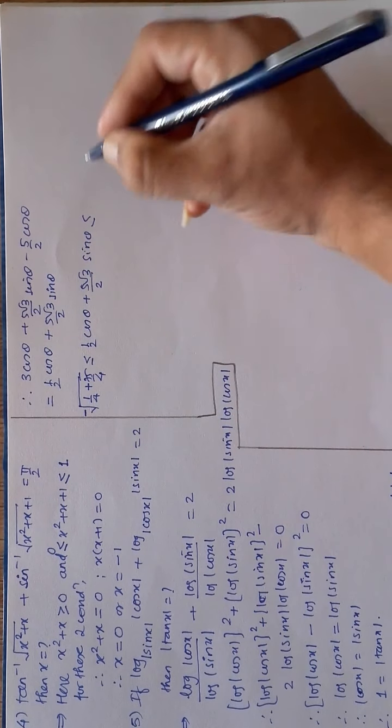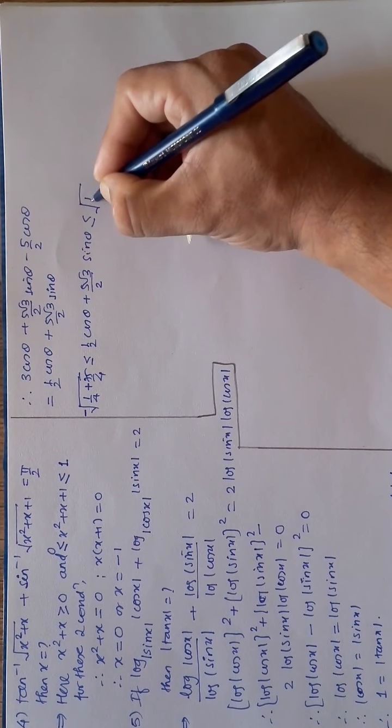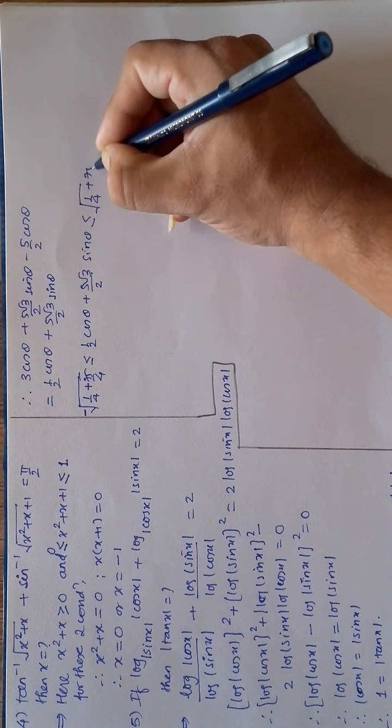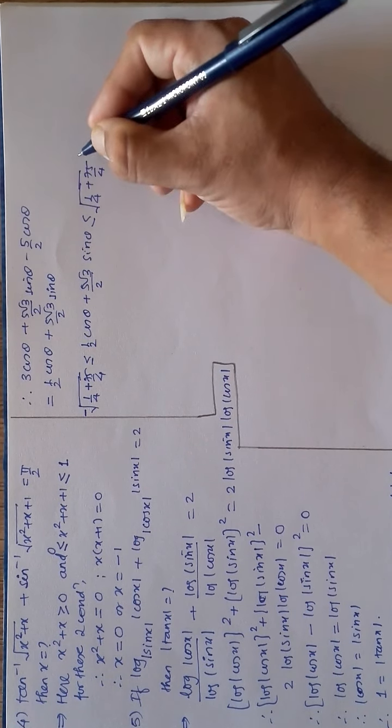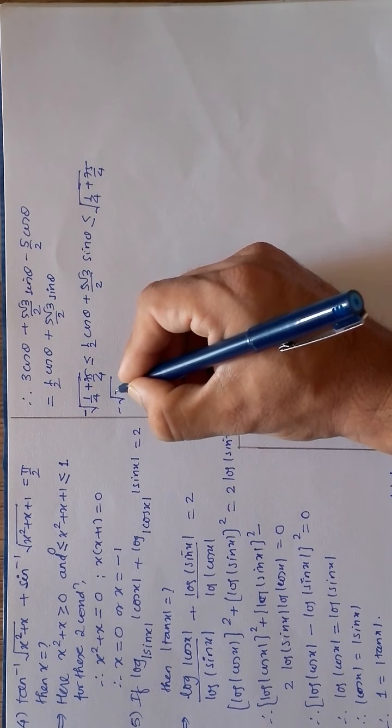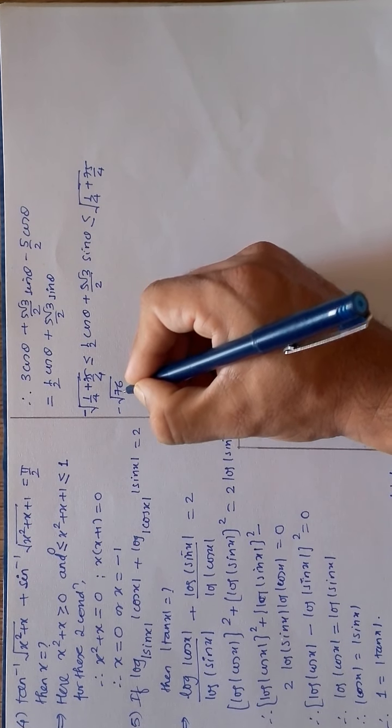So 1 by 4 plus 75 by 4, in short, it is minus under root 76 by 4.